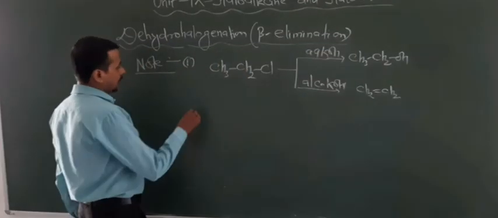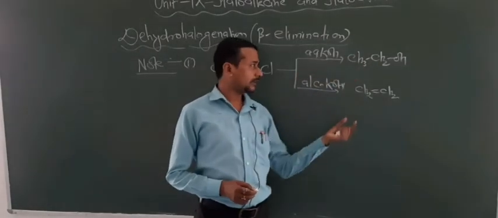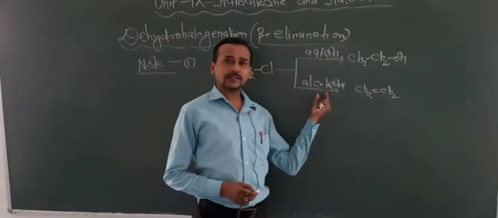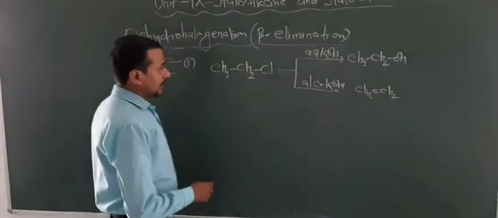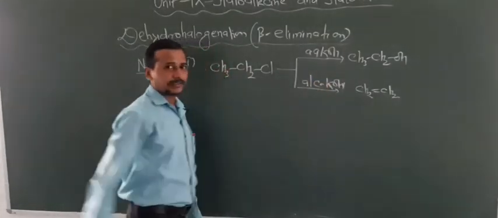So now how can you know that? If it's aqueous KOH it gives the alcohol and with alcoholic KOH it gives the elimination product. So this is the substitution product, but this is the elimination product.